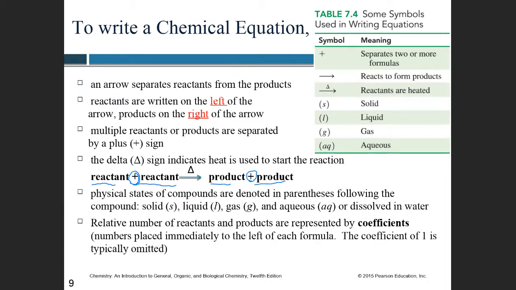I draw an arrow. The arrow separates the reactants, on the left side, from the products on the right side. Sometimes we draw some signs on the arrow, for example, the delta sign, which represents that heat is used to complete this reaction.